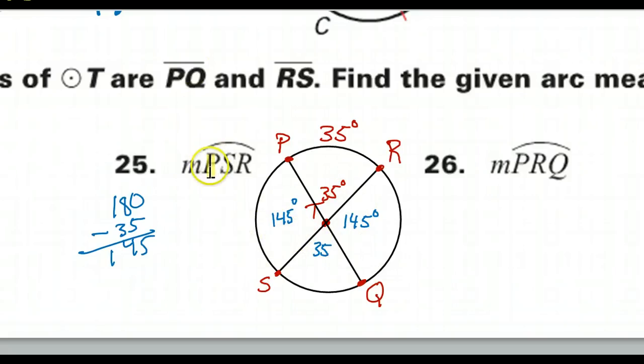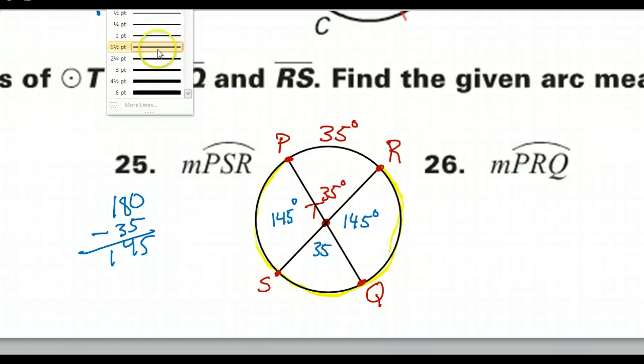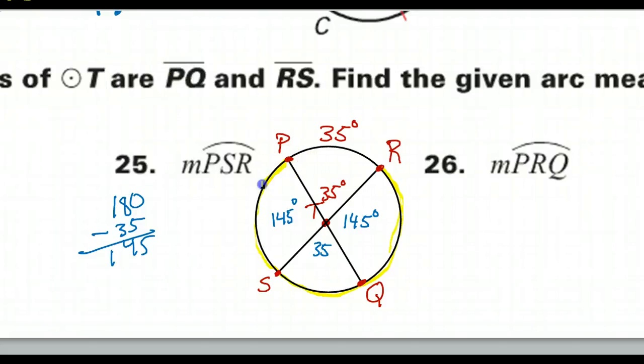So if I'm supposed to find arc PSR, okay, PSR goes like this. It goes from P to S all the way around to R. Okay, PSR is this arc that I've just highlighted in yellow.